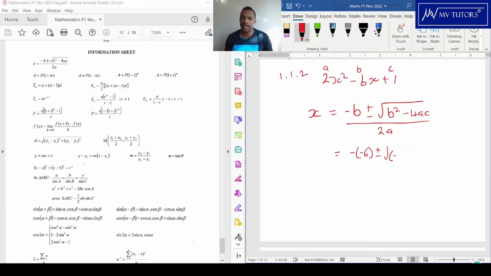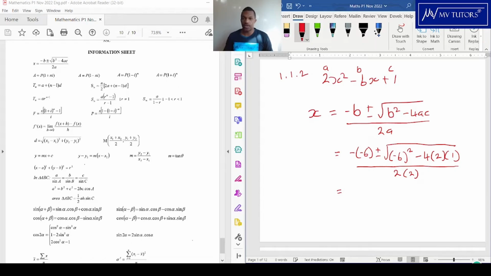It really doesn't matter at this point because anything squared is still going to be positive. But I'll just put it. A is 2. You can clearly see it. And then C is a positive 1. Okay, all this is under square root. And it's divided by 2 times A. That's A. A is 2 once again.